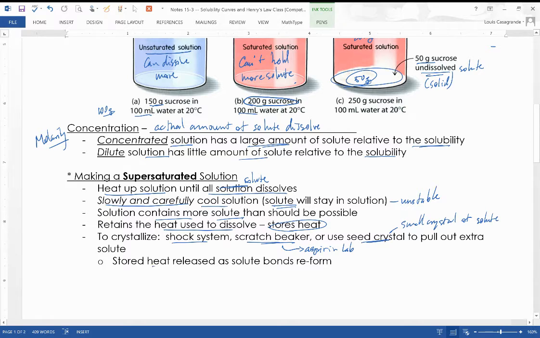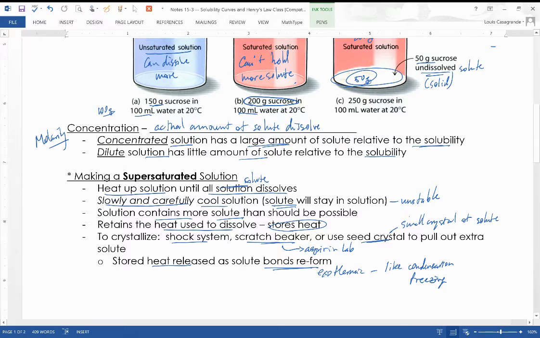When it crystallizes, the stored heat gets released. As we reform, we make those solute bonds, and remembering that forming bonds is always an exothermic process, just like condensation or freezing were also both exothermic processes. Now we'll talk about making a saturated solution or supersaturated solution again on the next page.